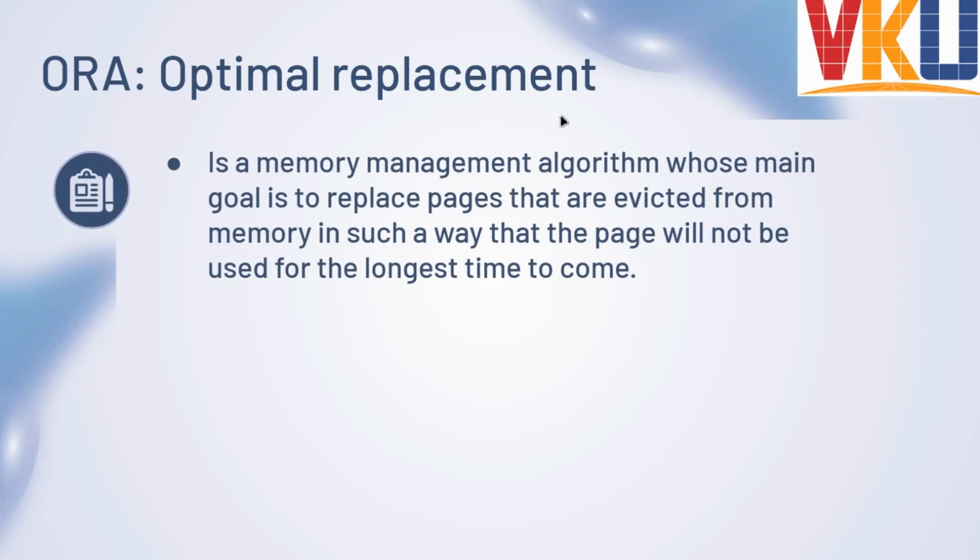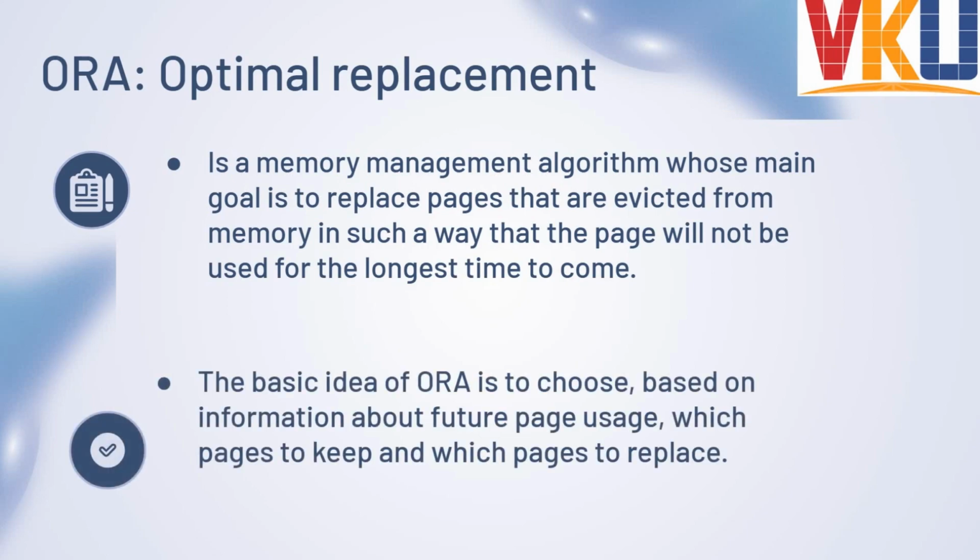The optimal replacement is a memory management algorithm whose main goal is to replace pages that are evicted from memory in such a way that the page will not be used for the longest time to come. The basic idea is to choose, based on information about future page usage, which page to keep and which page to replace.